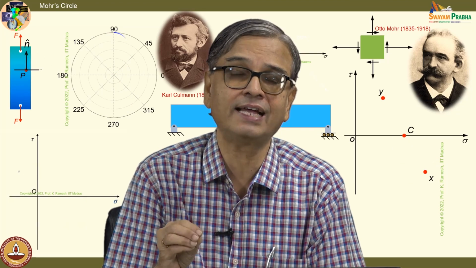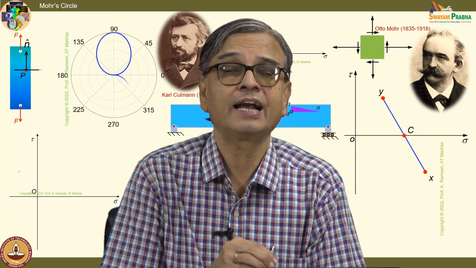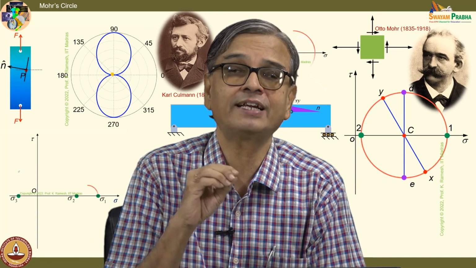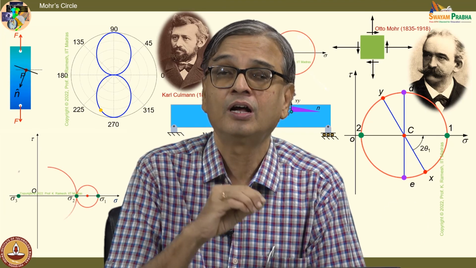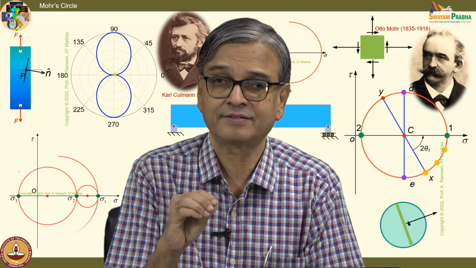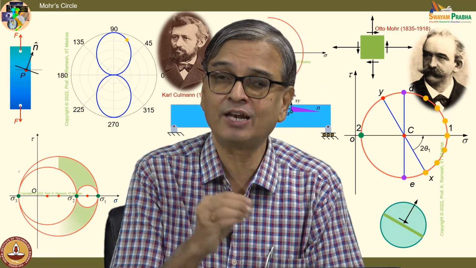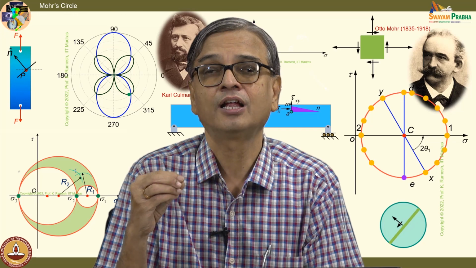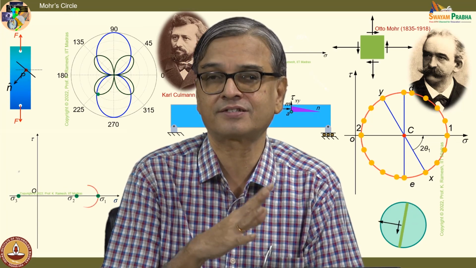Instead of 1 circle, I will have 3 circles, and the in-between area is what I have to worry about. For any of the data points, I should know how to locate it based on the direction cosines and the values of sigma 1, sigma 2, sigma 3. Then I can find the normal as well as the shear stress. Thank you.